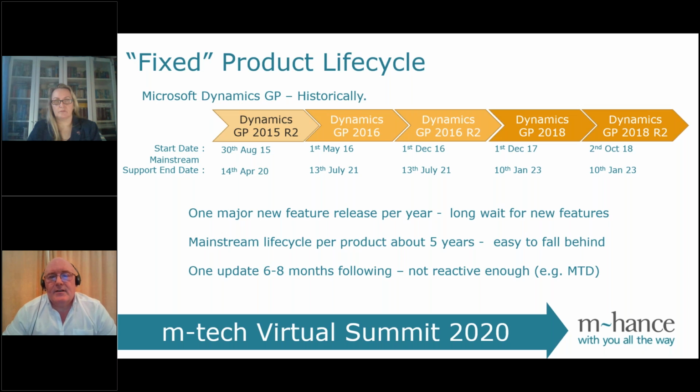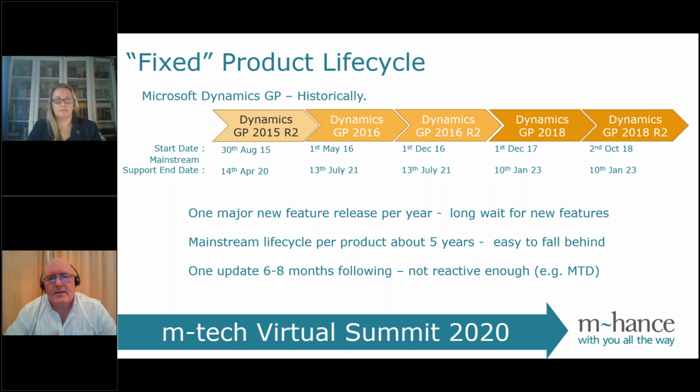This caused a few difficulties. So if you invested in Dynamics GP 2015 in August 15, you would then be looking maybe to run out of support 5 years later, and you'd be going back to your GP partner saying, look guys, we need to upgrade, we want to stay on mainstream support. And then you'd find that you run GP 2015 and 2016 would come along, 2018 R2.